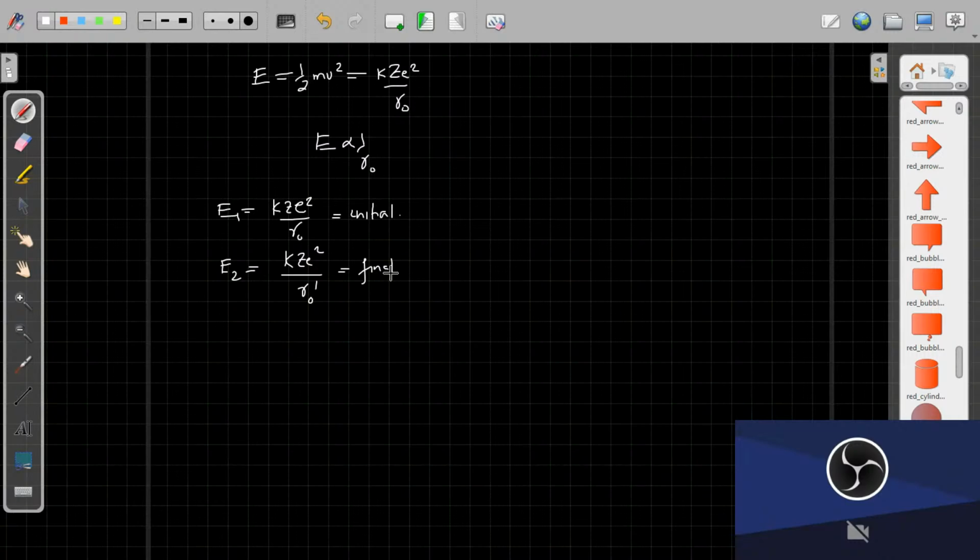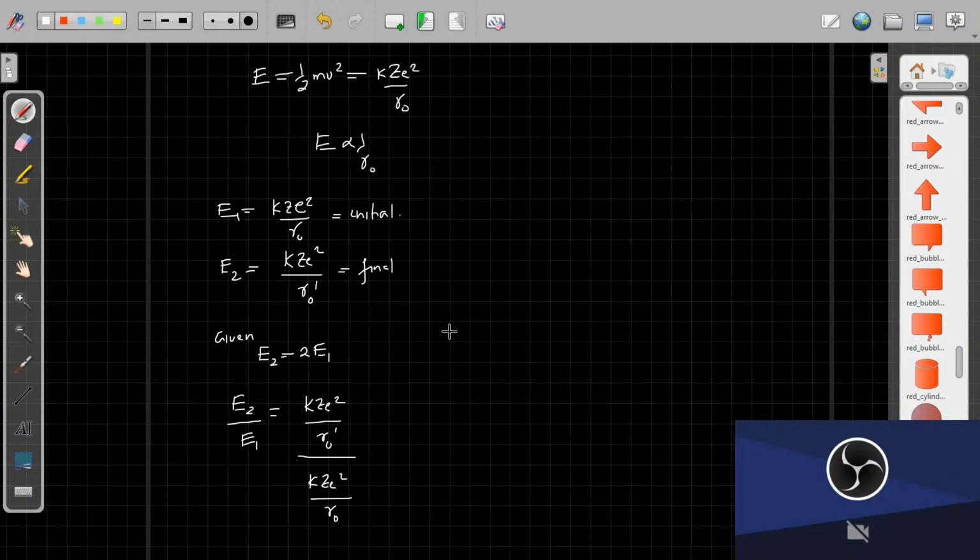So we need to find what will happen to R naught if E2 is doubled, given E2 equal to double of E1. So take the ratio. Whenever they ask you questions like this, you should solve by comparing. So E2 by E1 is K Ze square by R naught dash divided by K Ze square by R naught.